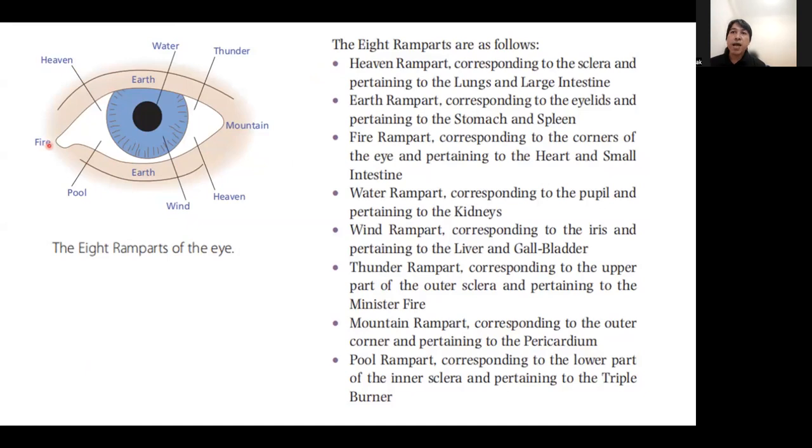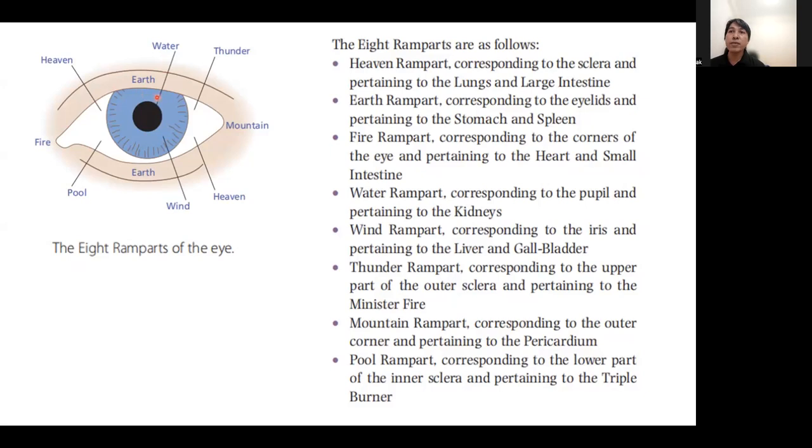Next, fire rampart, corresponding to the corners of the eye and pertaining to the heart and small intestine. Water rampart, corresponding to the pupil and pertaining to the kidneys.